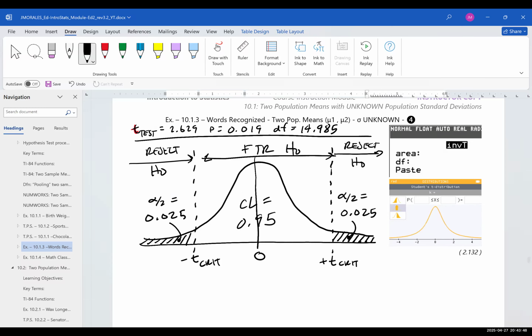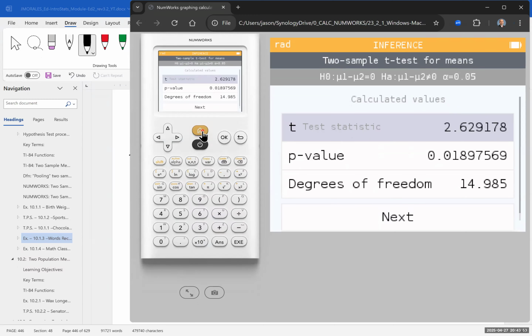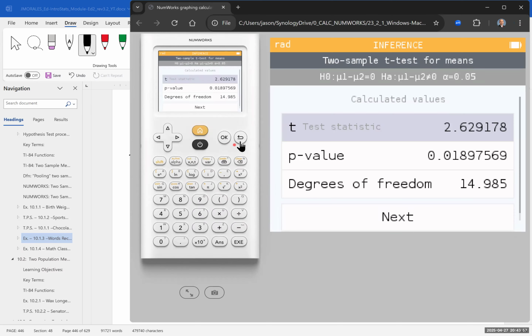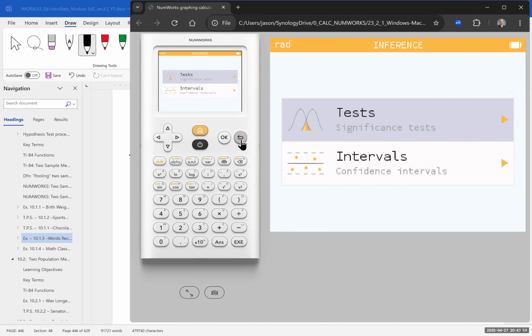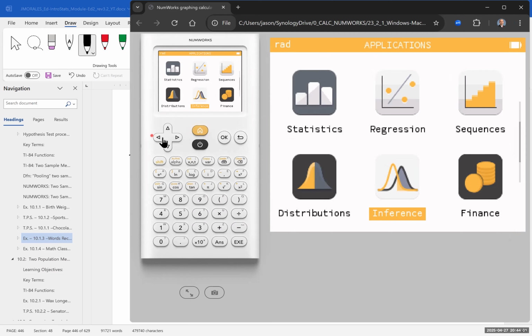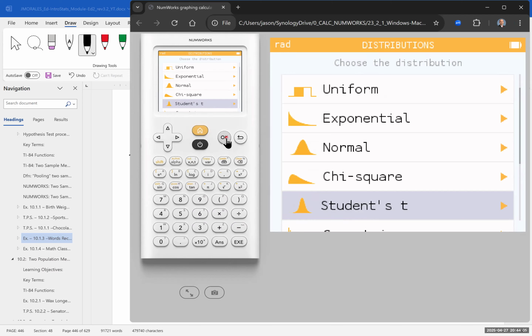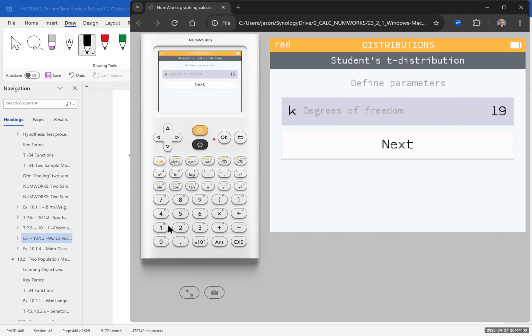Now we want to do the NumWorks. Let me back out. There we go. I want to go to distributions, student's T. Degrees of freedom is going to be 14.985.